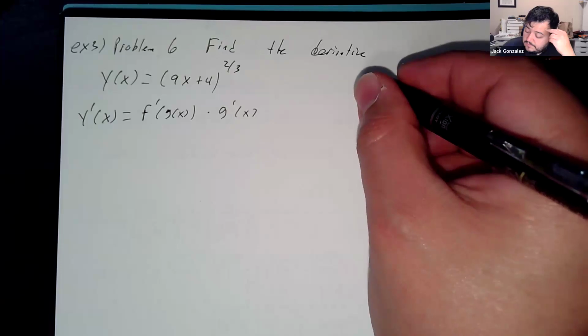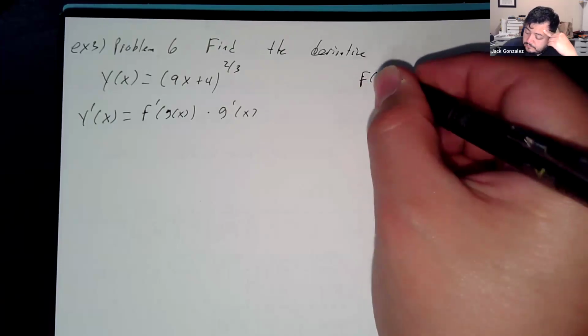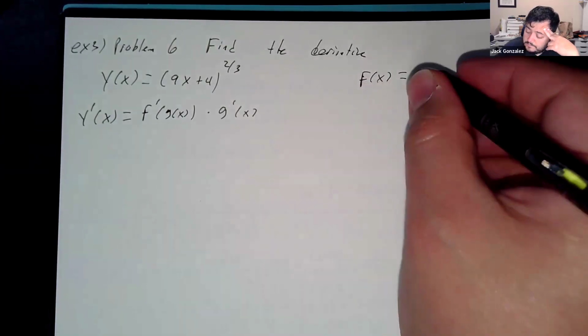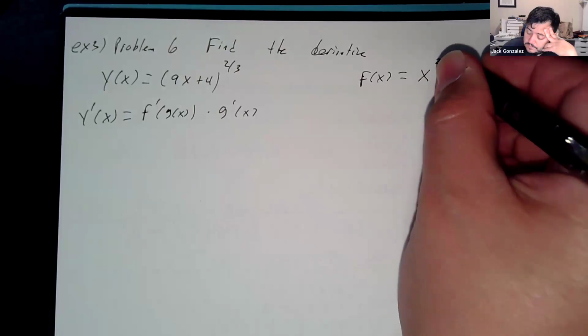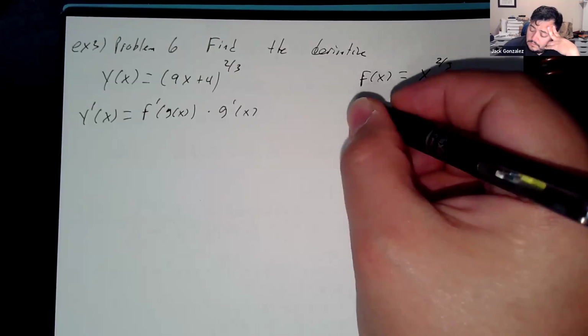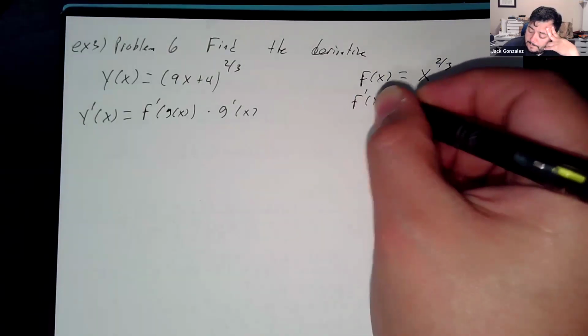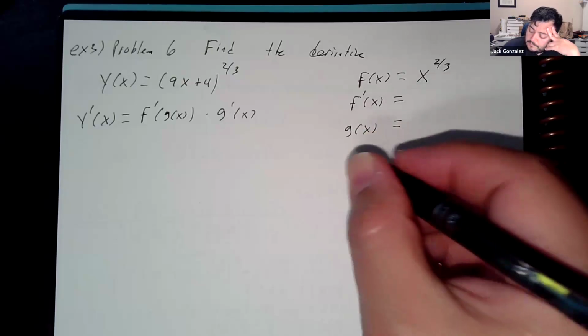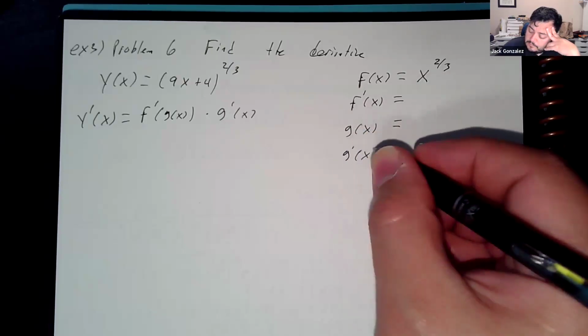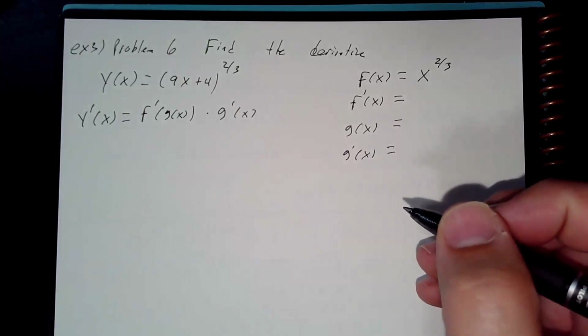So what is the outside function? x to the 2/3. And then we'll do the derivative in a moment. What is the inner function? 9x plus 4.